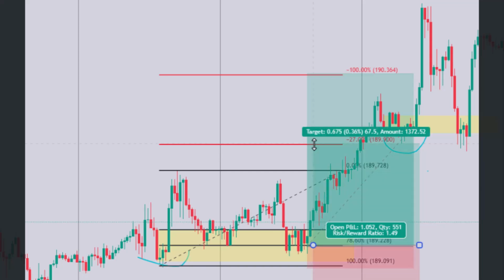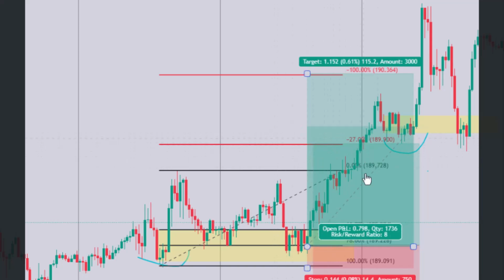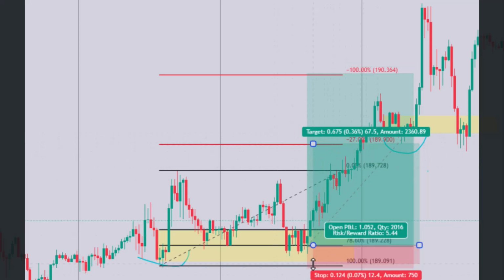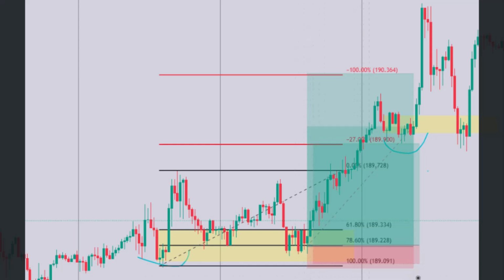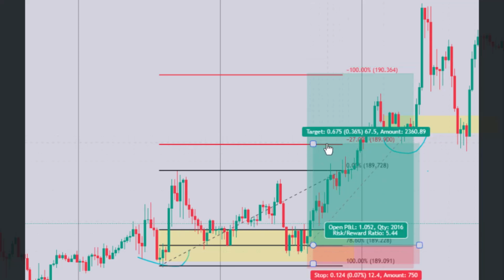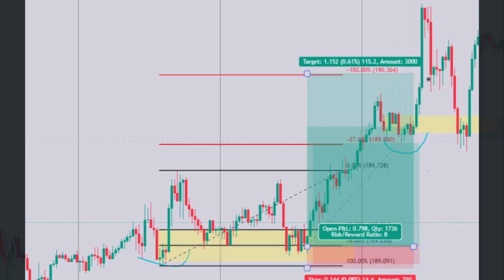I can also take partial profit. As price approaches negative 27, I will take partial profit. This is how I go about taking trades whenever I'm using supply and demand coupled with my Fibonacci retracement tool. So as you can see, we have our partial profit at negative 27% and the last profit target projection, which is minus 100.